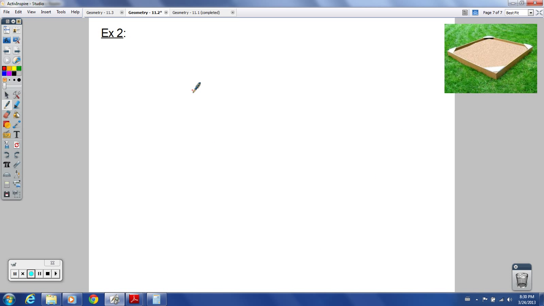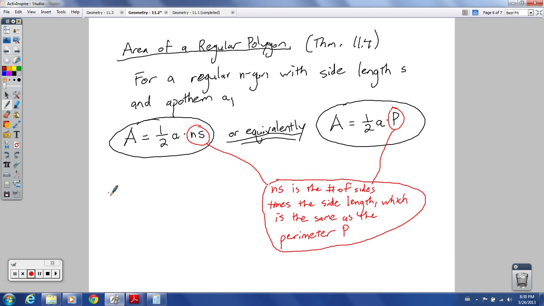So let's finish off with this example, and we're going to have example 2. I think that's worth noting though. Let's write this in with this. So this formula comes from the fact that the area of any triangle is 1/2 base times height.